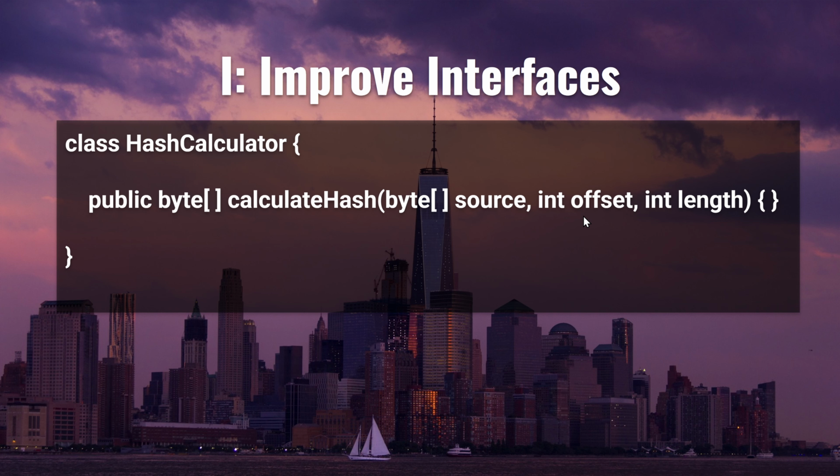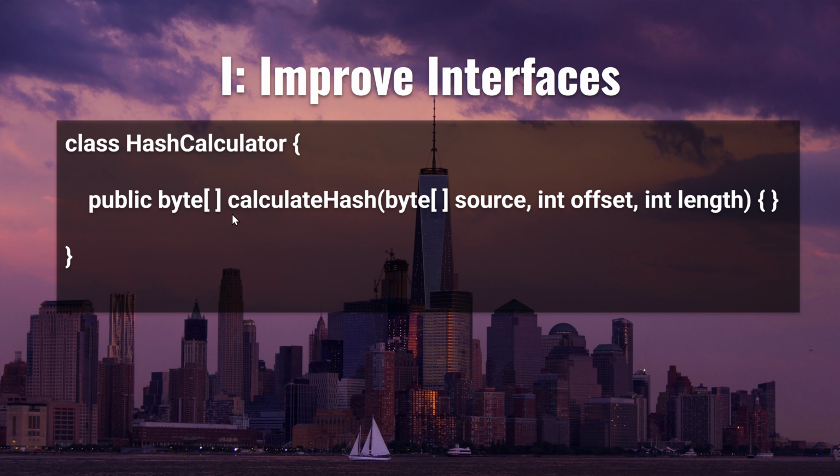Now we can calculate the hash value from a full byte array by simply passing in 0 as offset and the length of the array as length. But we can also calculate the hash value of a slice of an array, a subpart of an array. And this makes this method more reusable than it already is.